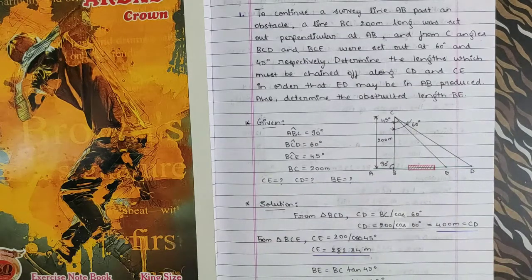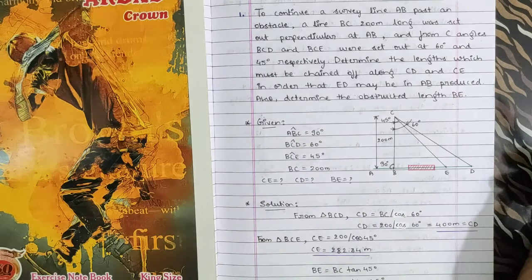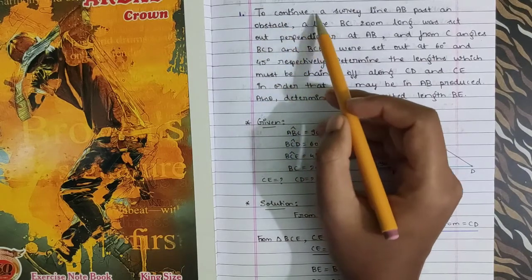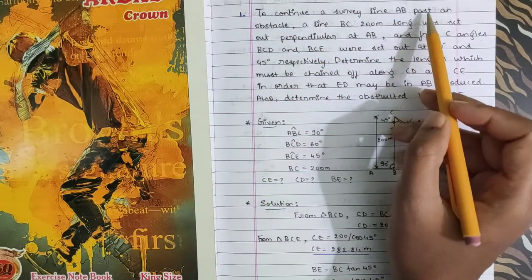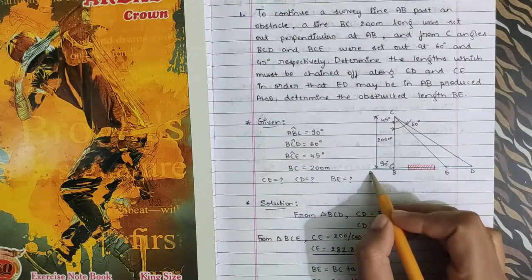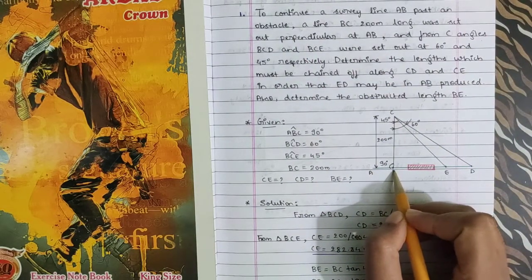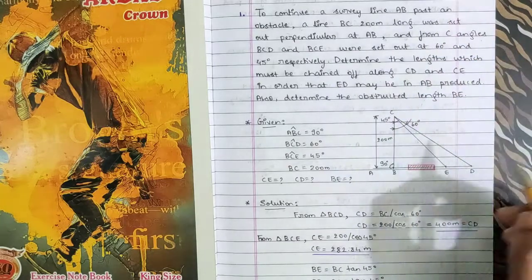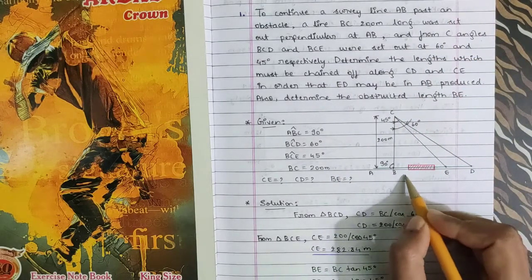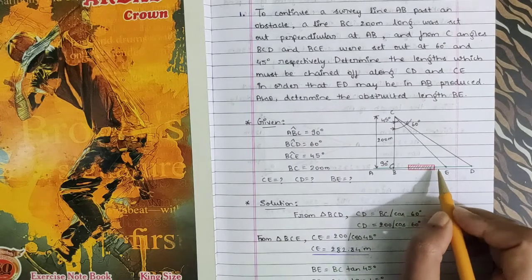Now we shall see how to read the question and write down the given data simultaneously. I shall read out the question now. First numerical: To continue a survey line AB past an obstacle. So here we write a survey line AB, and it is said that you have an obstacle. I have drawn the obstacle with a red mark.